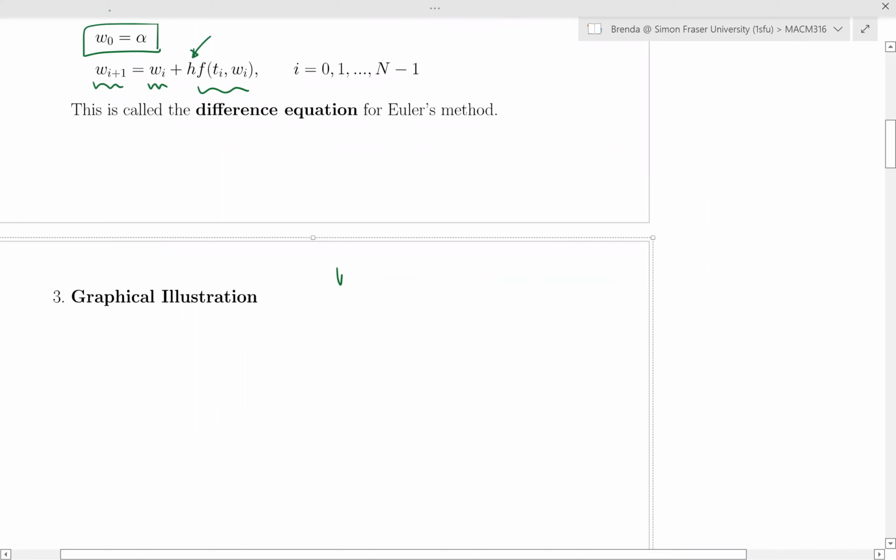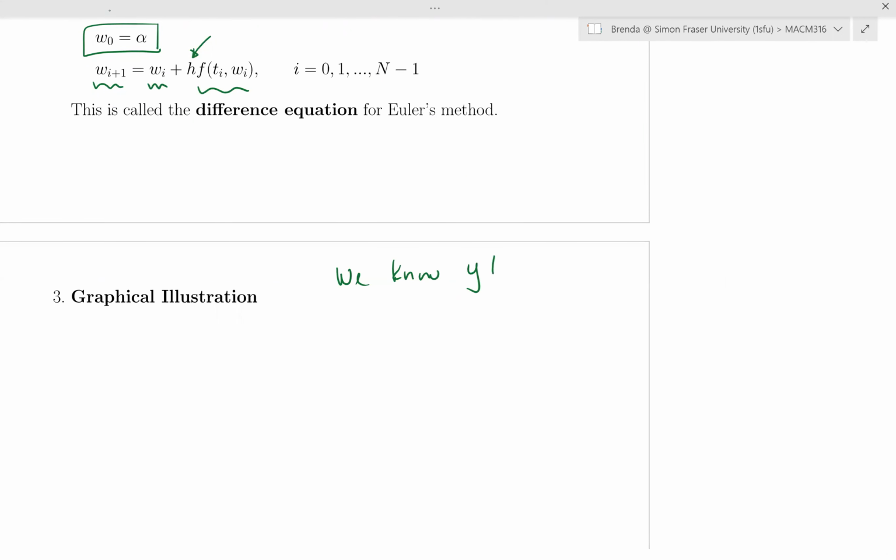We know the function at time 0, which has been called A. We know y prime at t0 is equal to f at t0, y at t0, and that's true for every index 0, 1, 2, 3.